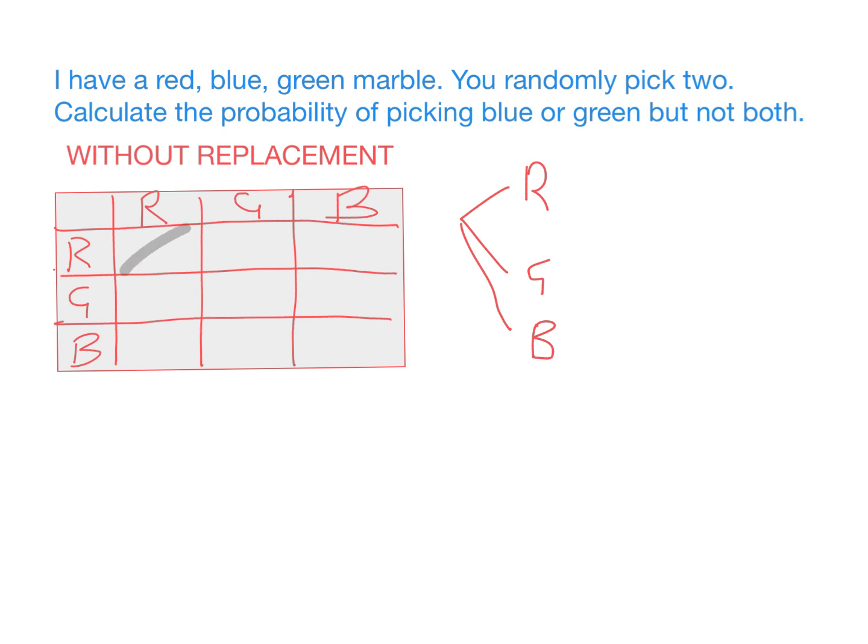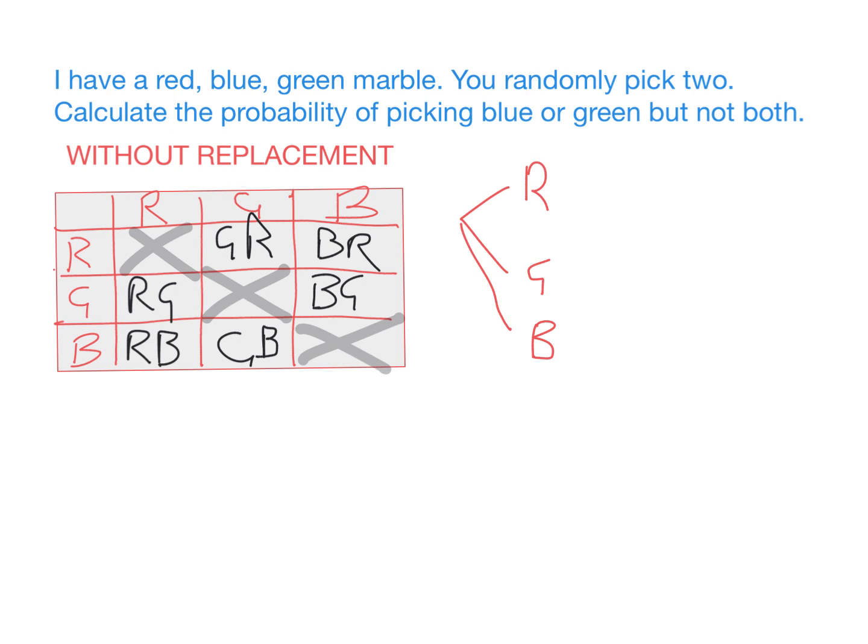But here I'm going to put a cross through these cells because I can't get 2 reds, 2 blues, or 2 greens. But otherwise, the process is the same. I simply write the list of possible outcomes. So I have green, red, blue, red, and so on. And for my tree diagram, I have red, green, blue. But if I pick a red first go, I can't get red the second go.